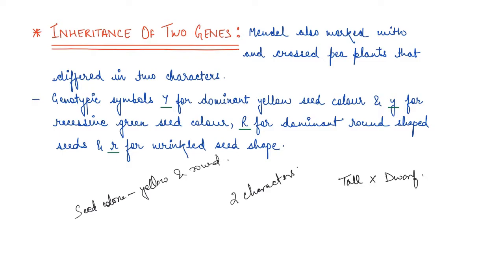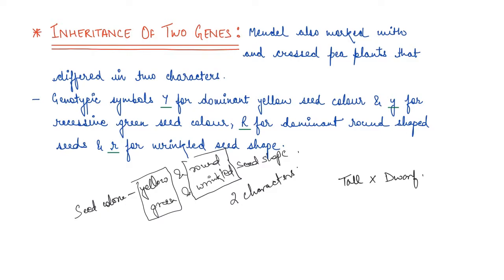There can also be a plant with seed color green, and the seed would be wrinkled in shape. So this is one character, and this is the other character, which is seed shape.